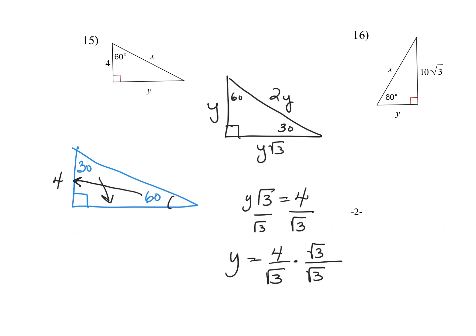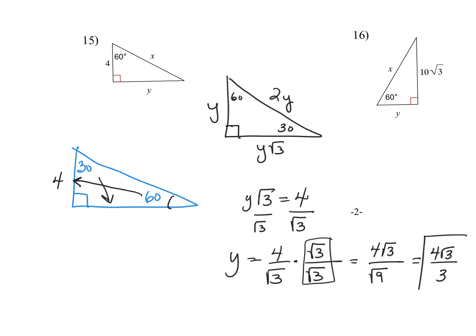That does two things. One, it gets rid of the square root in the denominator because square root 3 times square root 3 is square root 9, which equals the whole number 3. That's for starters. Second is I'm not changing the value because anything divided by itself is 1. So I'm just changing the format, but not the value. That's why we're allowed to get away with this. So, and then 4 times the square root of 3 is just 4 square root 3.